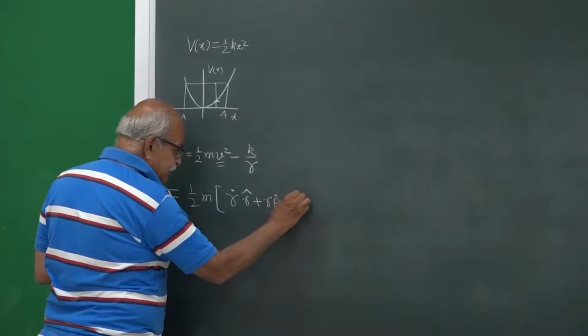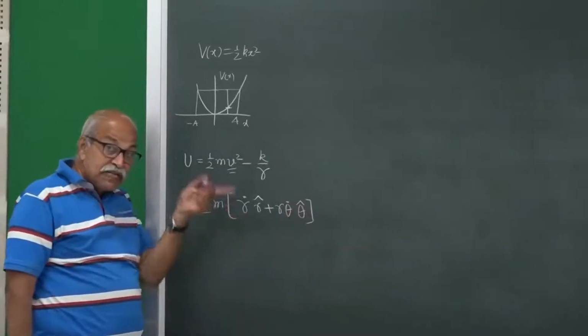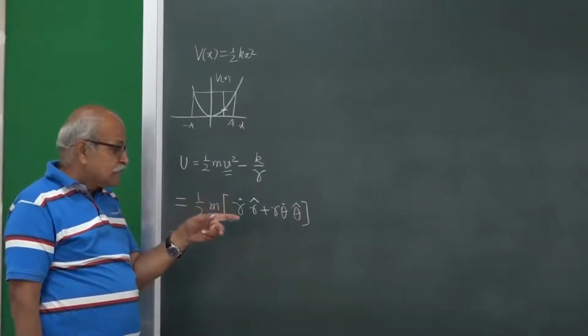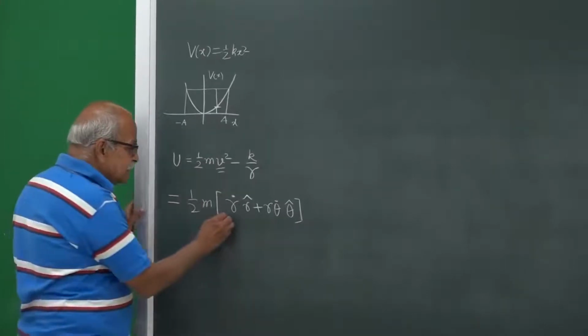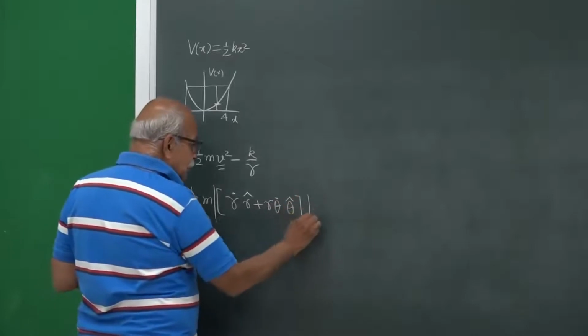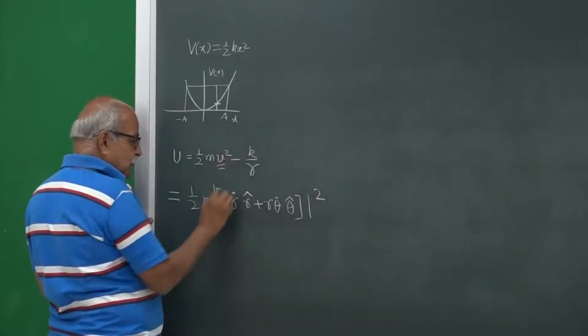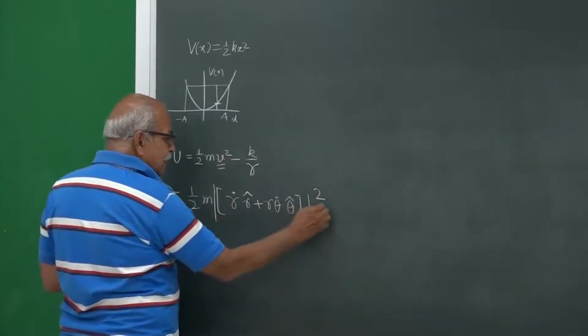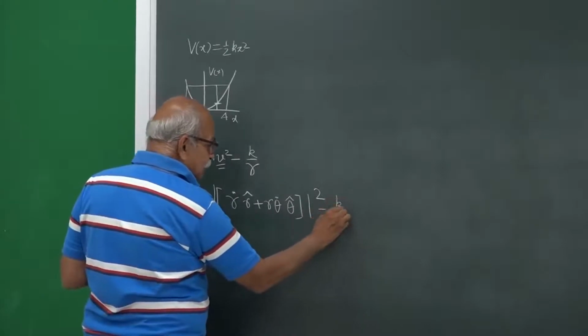This is the velocity vector. I had derived it in the previous lecture. The magnitude of this whole square is here v square, and then minus k by r.